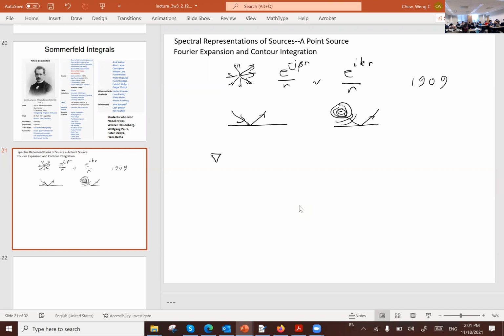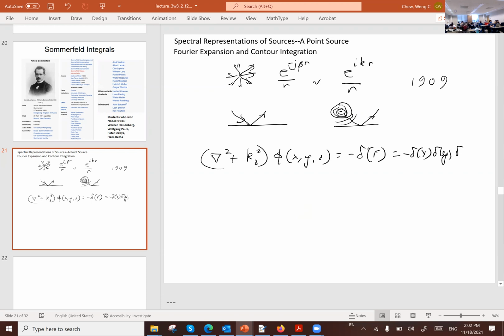The key thing is that we have to solve this problem first, which is essentially the Green function problem, a point source on the right-hand side. If we have this problem, essentially I want to find the Green function.